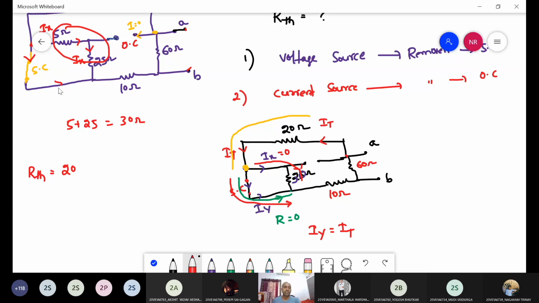Then next the total current is coming like this: 20 plus 10 plus 60. This is the RTH. How much is it? 90. Right? This is your equivalent resistance. Anybody have a doubt here?